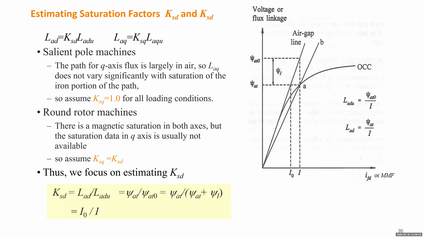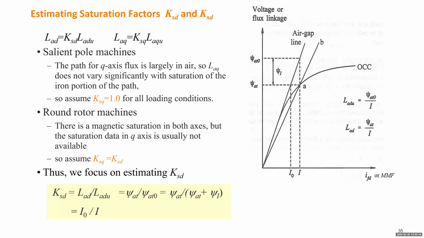There are a number of ways you can estimate the factor. First, if you know the IOAD with and without saturation, that is the ratio by definition. Second, if you know the actual characteristic and compare it to the straight line without saturation, by knowing this gap you can use this formula to calculate the factor.